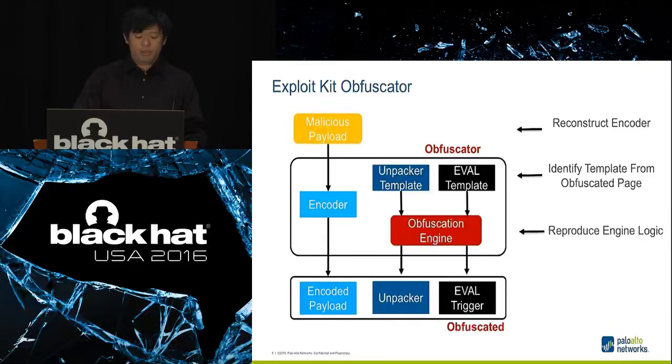This picture shows the first layer of the obfuscation. There may be several layers of obfuscation. We only tackle the first level. However, our techniques can be applied to different levels.